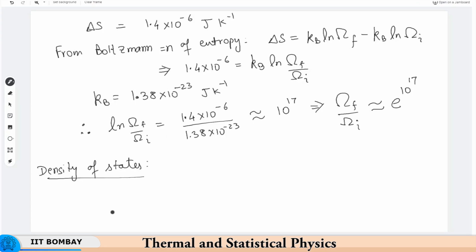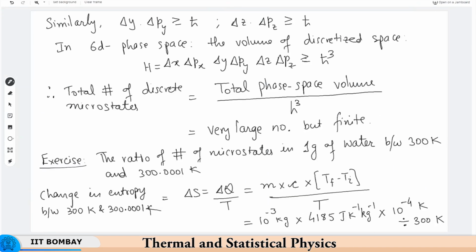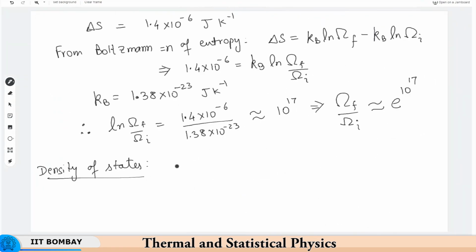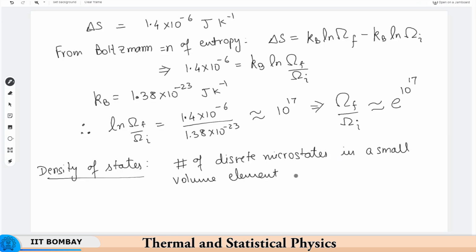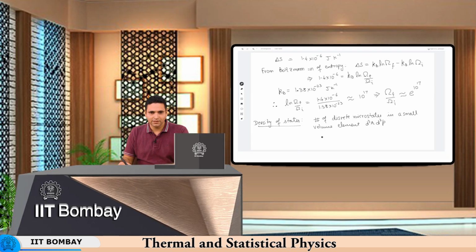So, remember we saw that we can discretize our phase space, right, into a tiny volume element, okay. So, we saw that the number of discrete microstates in a small volume element dq dp is basically equal to the volume of this element.